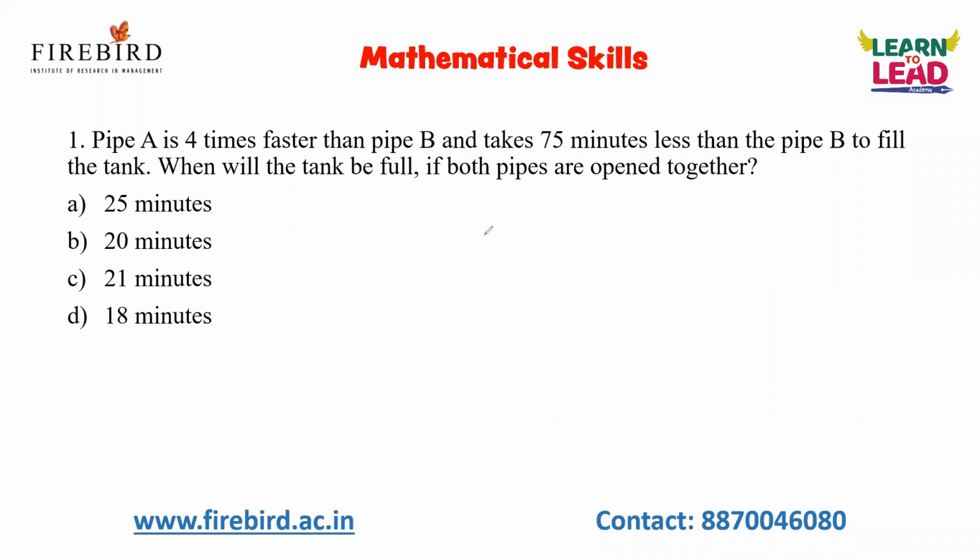Pipe A is 4 times faster than pipe B. So, while reading the question itself, you should be able to solve because you need to attempt in total 160 questions in 2 hours 30 minutes. If I include the global environment, general knowledge part, another 40 questions. In total, 200 questions you need to attend in 150 minutes.